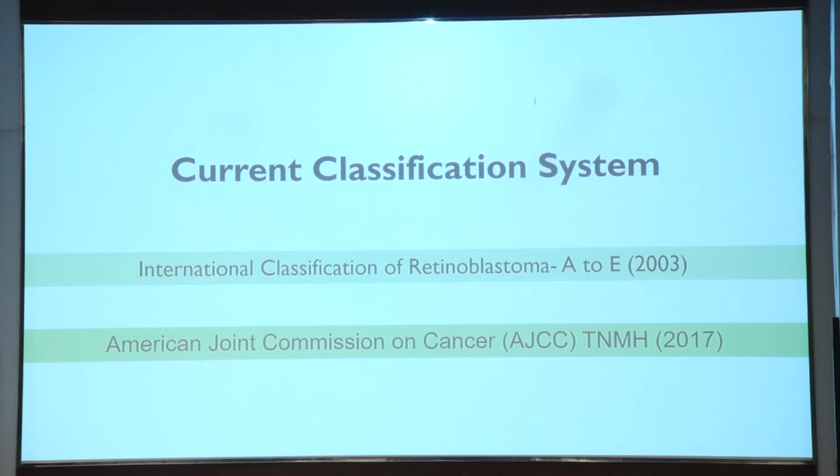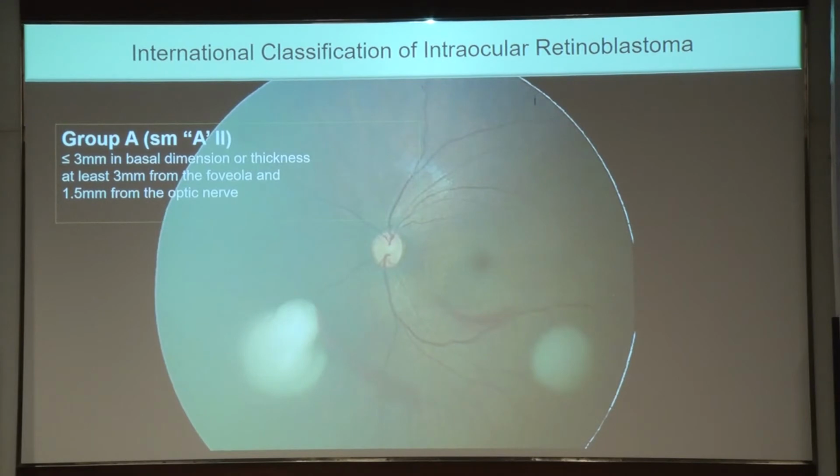So retinoblastoma is the only malignancy in the body which has given an H to the TNM. Usually we have heard about TNM, but retinoblastoma being a genetic disorder, it also has an H. So students, remember, whenever you talk to your examiner, when they talk about TNM classification, add an H in retinoblastoma.